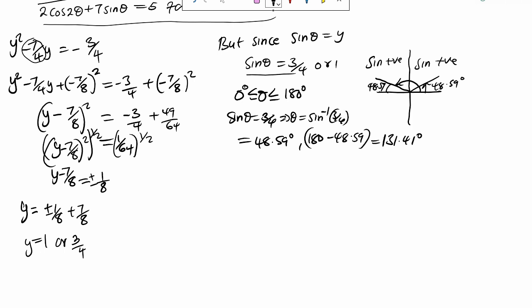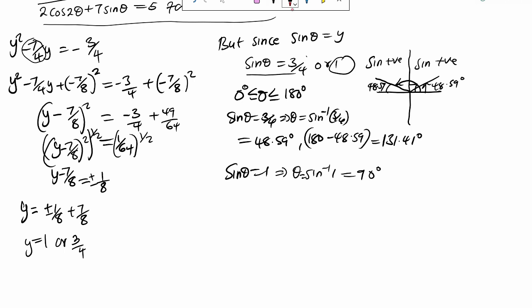All right, so those are the values of theta ranging from 0 to 180 degrees. But also don't forget that sine theta is also equal to 1. So if sine theta is 1, then theta is sine inverse of 1, which is 90 degrees. So the other value of theta is 90 degrees. Since in the first and second quadrants the values are still the same, we shall just pick one value, which is 90 degrees.